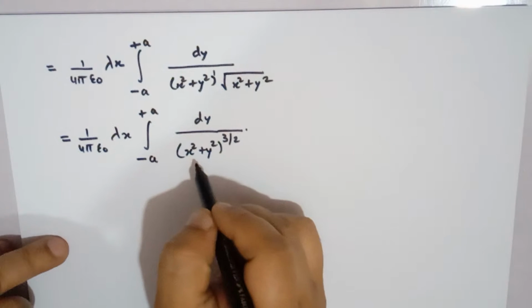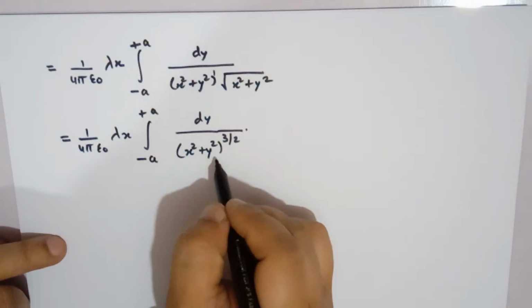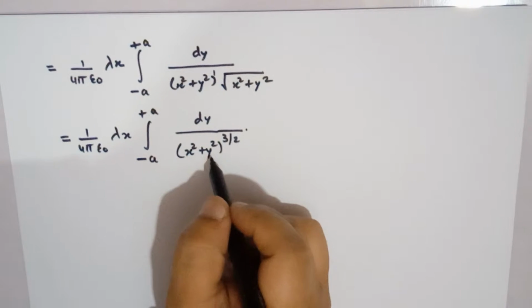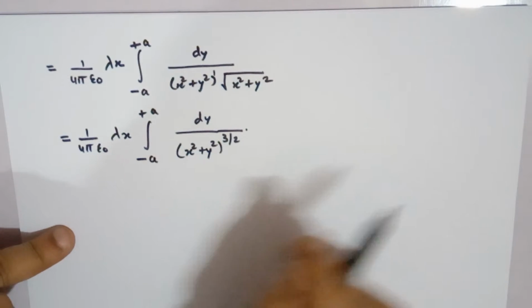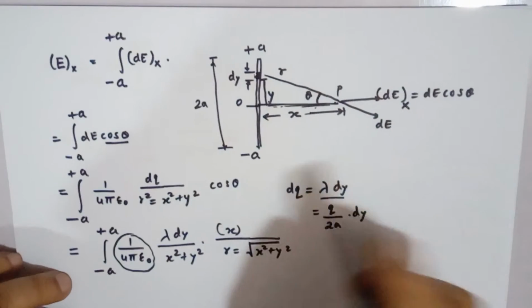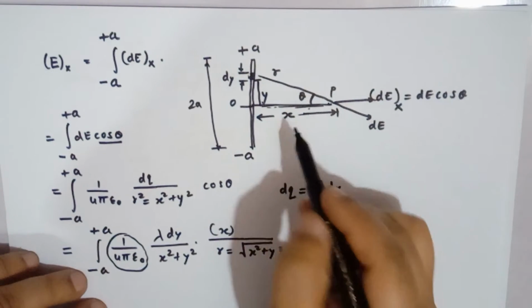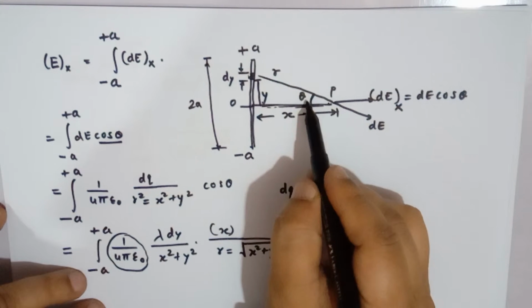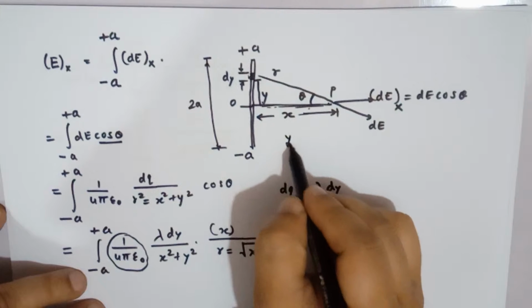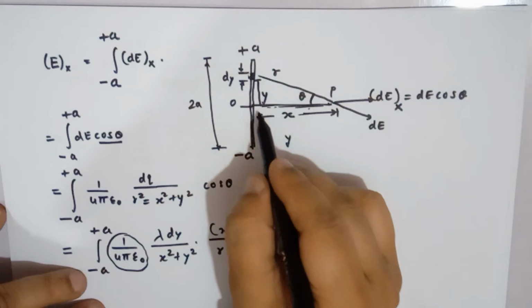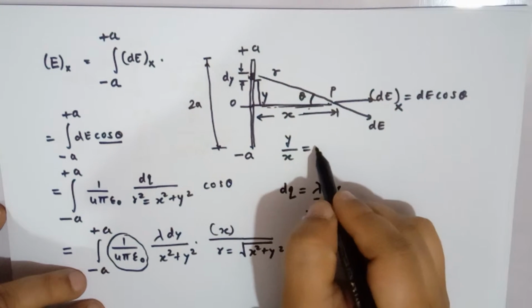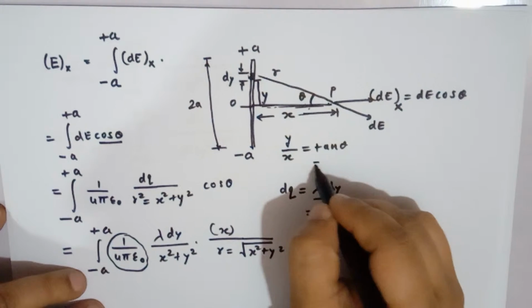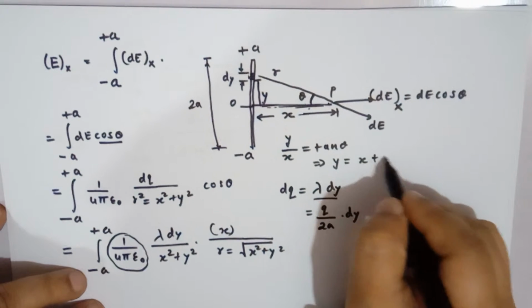Now two terms are there in the denominator, one is x and the other is y. I already said that x is a constant term. In the diagram here we have x and here is y. So y can be written in the form of x, and theta is what is changing. So you can write that y, which is the perpendicular, with x the base, is x into tan theta.